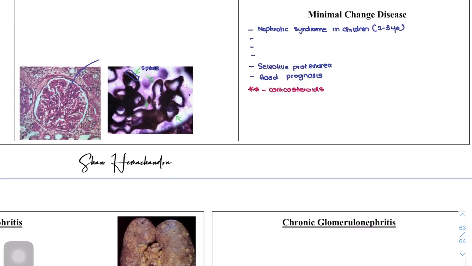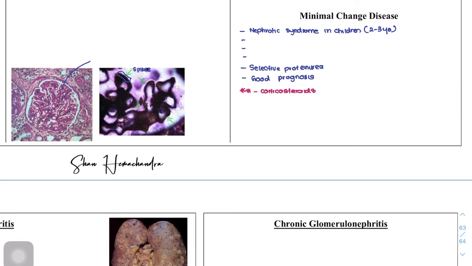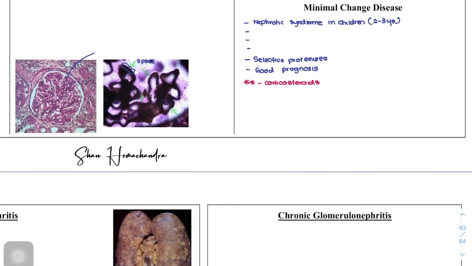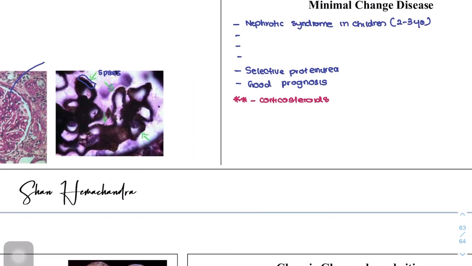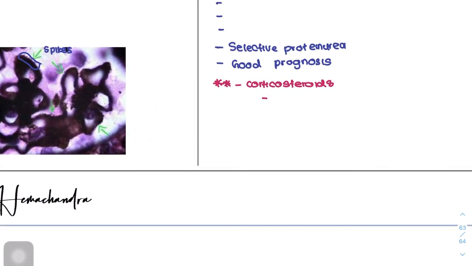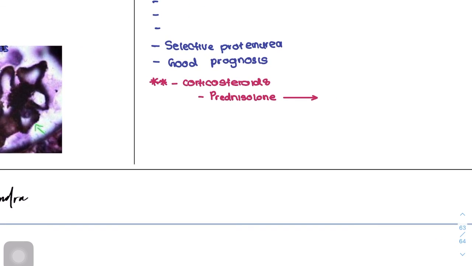What are corticosteroids? Corticosteroids are a group of drugs we give against inflammation. These are anti-inflammatory drugs. Here, I'll give some examples. One is called prednisolone. This is the inactive form.